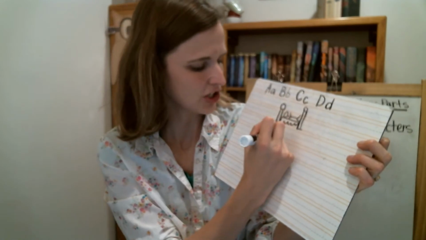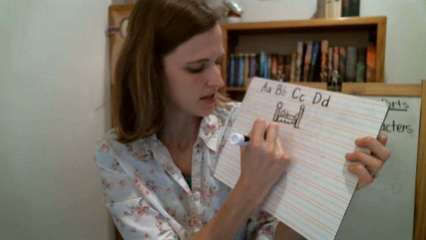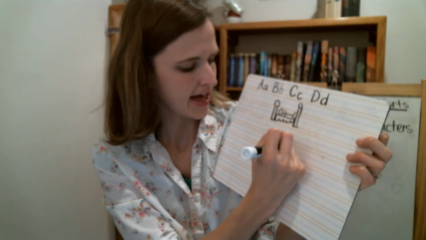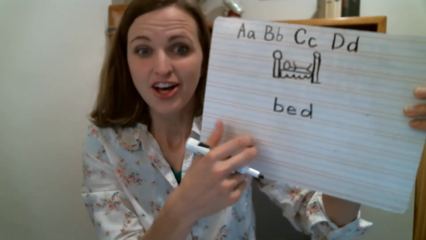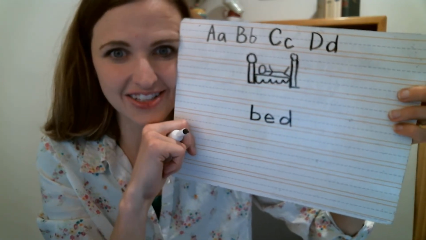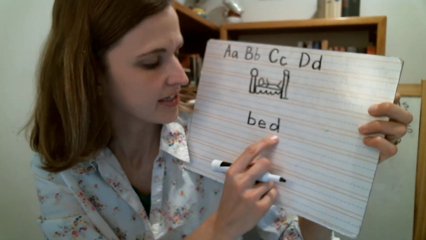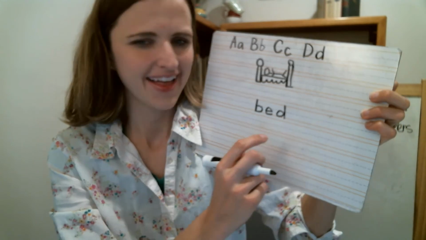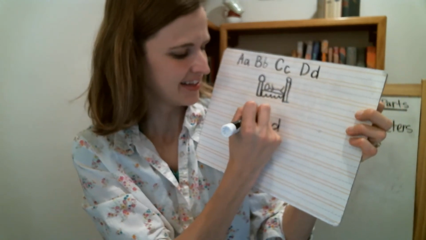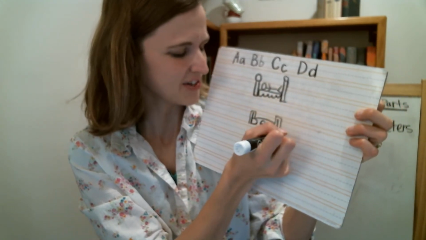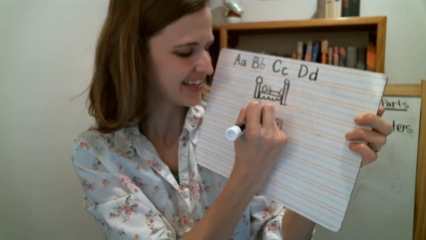I want you to look at the word bed. B, E, D. You've learned all of these letters now. There's the B, the E, and the D. B, E, D. Huh. That looks like a little bed for somebody to lay on.